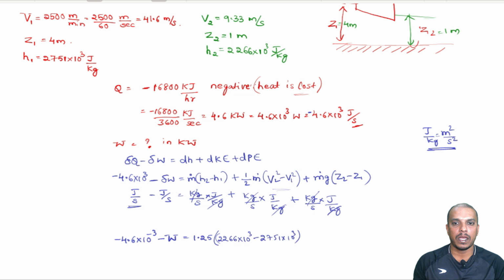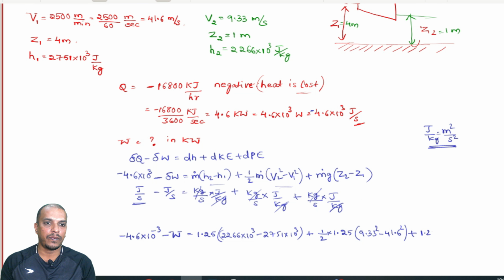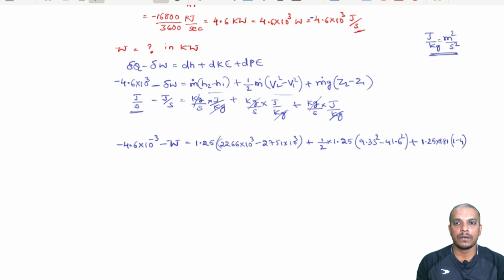This is our H2 minus H1 plus half into 1.25 into velocity square 9.33 square minus V1 is 41.6 square plus 1.25 into 9.81 into Z2 minus Z1, that is 1 minus 4.